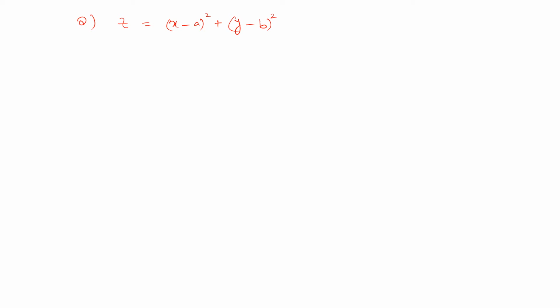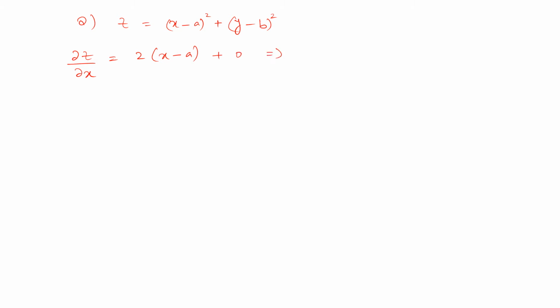Now we can see that the constants a and b are with the variables x and y in the brackets. So now it's simple, and we can follow the same steps, that is ∂z/∂x. What we will get is 2 multiplied by (x minus a), and this will be 0.